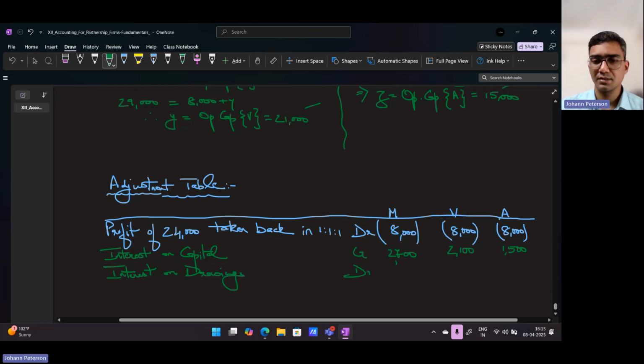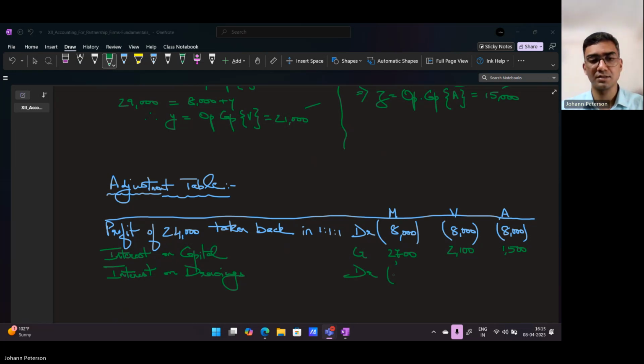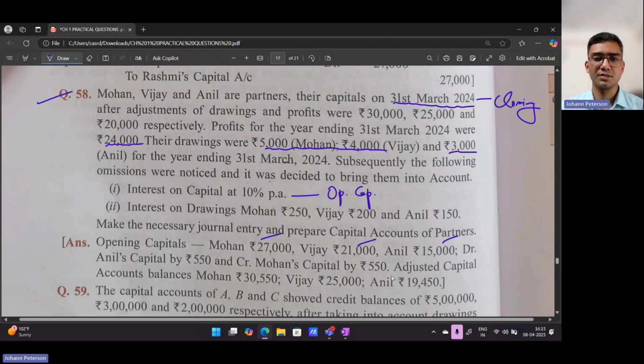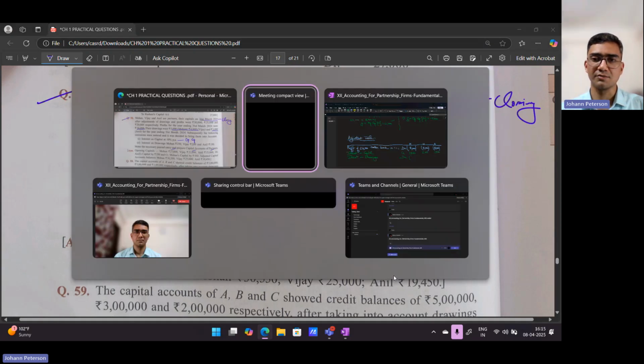Interest on drawings is a debit item. So how much are the interest on drawings? It says interest on drawings of Mohan is 250, Vijay is 200, and Anil is 150. So as it is given to us, we don't need to calculate, just simply write it. So 250, 200, and 150.